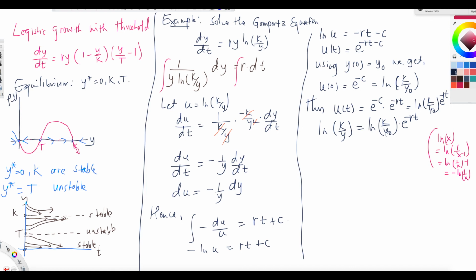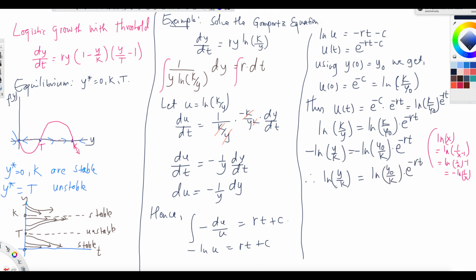So you can write that one as negative natural log of y over k equals to negative natural log of y0 over k times e to the negative RT, right? Now you multiply both sides by the negative sign, you get, therefore, natural log of y over k is equal to, that negative sign cancels out, so natural log of y0 over k times e to the negative RT.